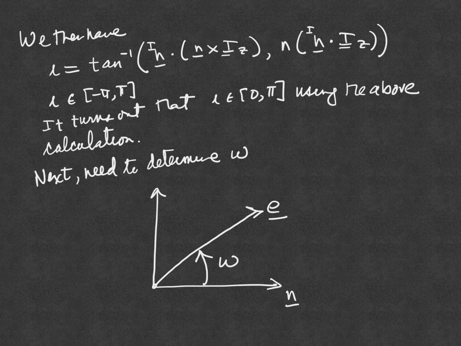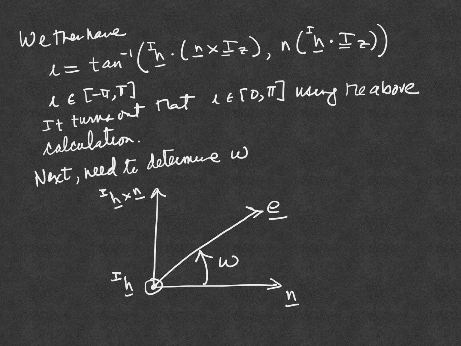We know in this diagram that the direction out of the page is the specific angular momentum, and we're going to use that fact to do the rest of this calculation. If out of the page is the specific angular momentum and along the right direction is n, then the direction that's going up in this diagram is h crossed with n, right?